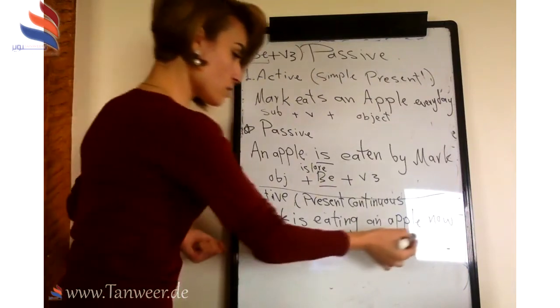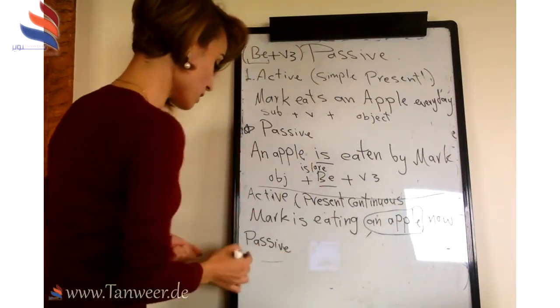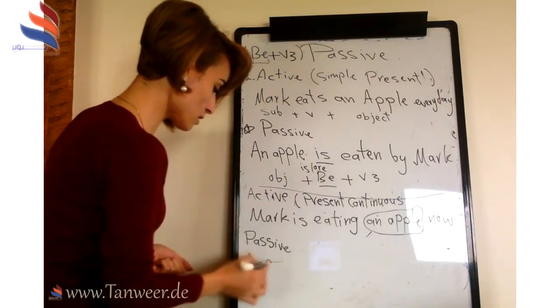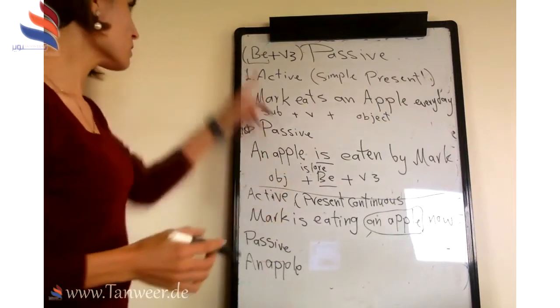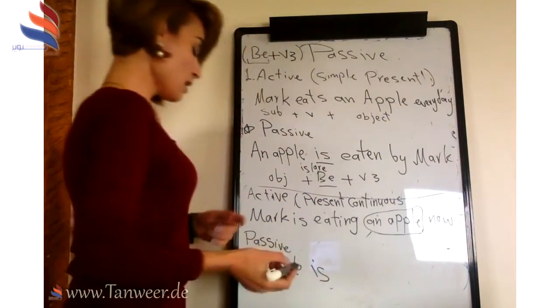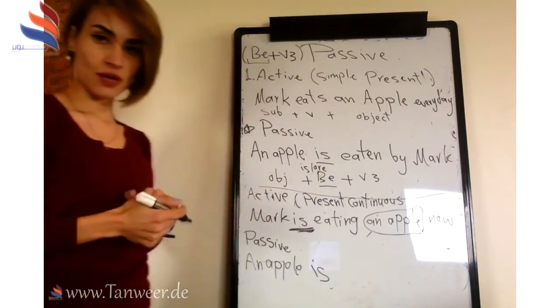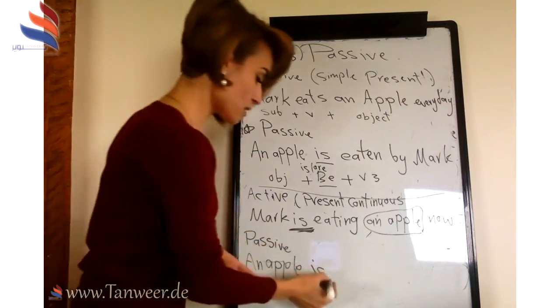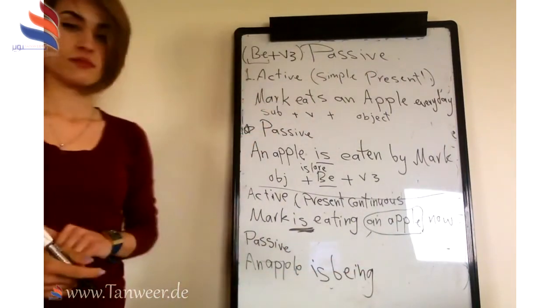Where's the object? The object is an apple. Where to take it? To the beginning. An apple. Verb to be is. But I already have verb to be here. How can you change it? It changes after to be: being. Okay?